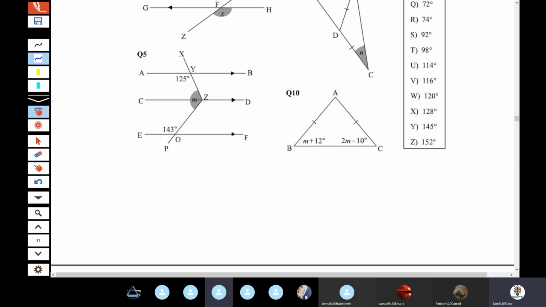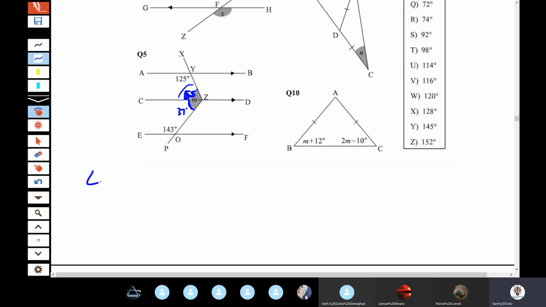So I would first figure out angle PZC. You're saying this angle co-interior. So 180 take away 143, 37. And then I would do angle XZC, or you could have said YZC, also co-interior. So that's 55. And then of course add it.